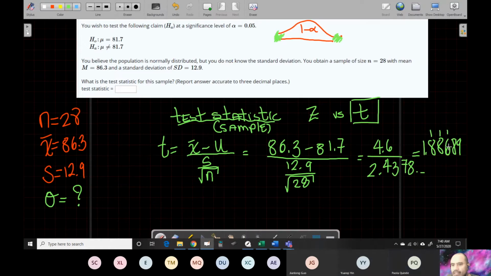Because the third is 6 and the next number is 8, my number is going to be 1.887. Look at the point there. So that is the test statistic. Is everybody okay so far? Yeah. Okay. Now let's go and see what's the next question.